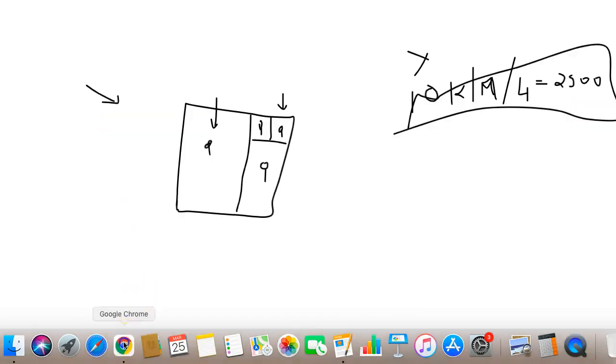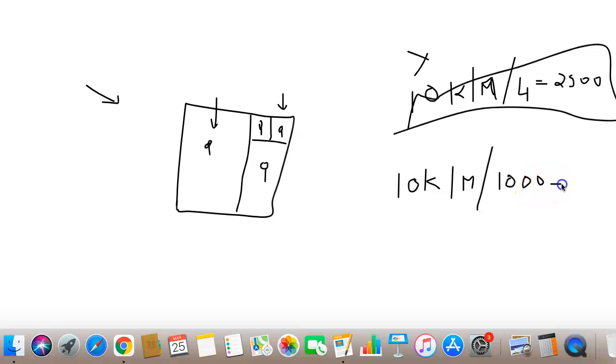Right? So coming back to this example, what idea you come up with is, okay, the rent is 10,000 per month, fine. Instead of dividing it on the basis of number of people, what you say is, okay, rent is 10,000 per month, the area of the room is 1,000 square feet, okay, you have a big room.